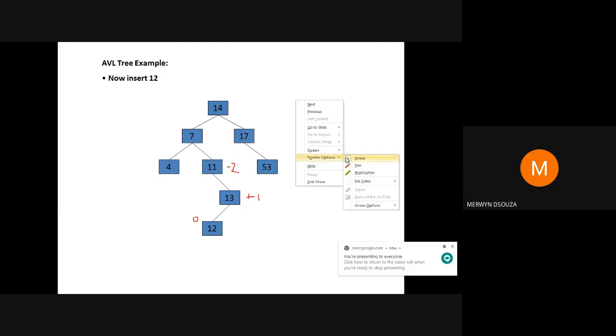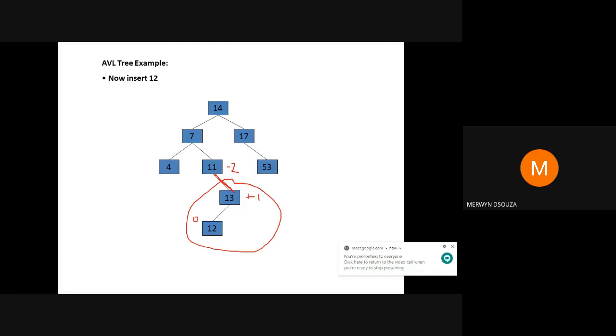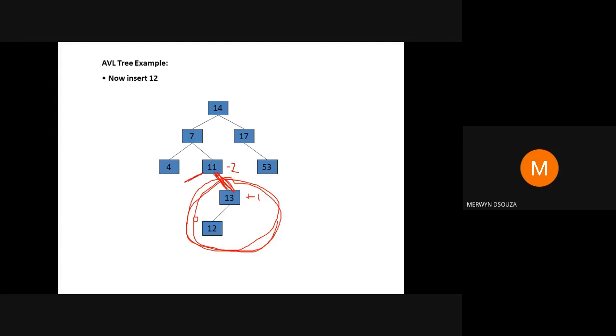So remember, whatever is connected to the right side of 11, this thing is the right subtree of 11. With respect to 11, there is nothing on the left. If anyone is getting confused, 11 is not having anything on the left.